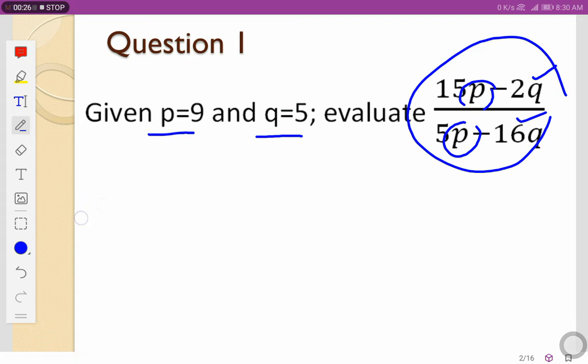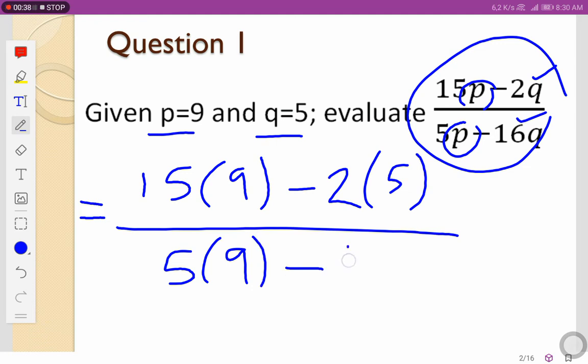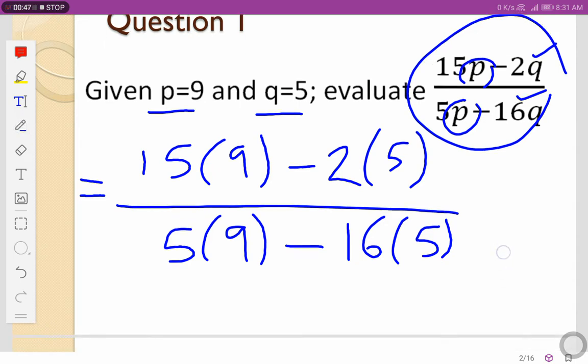Let's do that. So we will have 15 by 9 minus 2 by 5 all over 5 by 9 minus 16 by 5. Okay, now let's evaluate that. 15 times 9, we get 135.